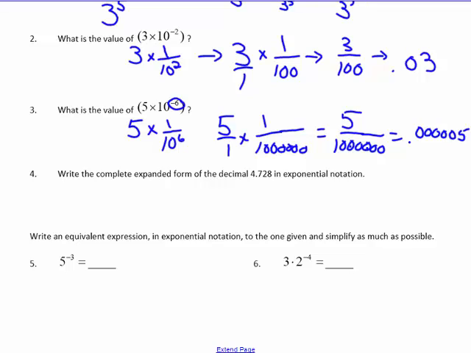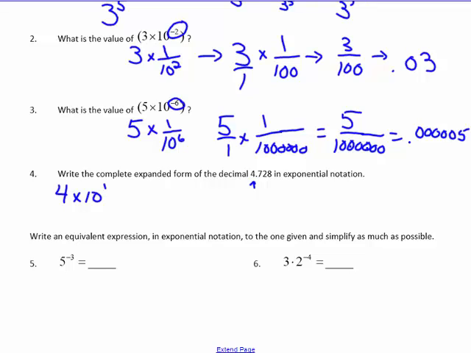Write the complete expanded form of the decimal 4.728 in exponential notation. We did this before with positives. I know this right here is the 1 spot. So this is 4 times 10 to the 1. Now we're getting into decimals. So what we're seeing is that when I have a negative exponent, it's also telling me how many decimal places I need. Negative 2 power, 2 decimal places.